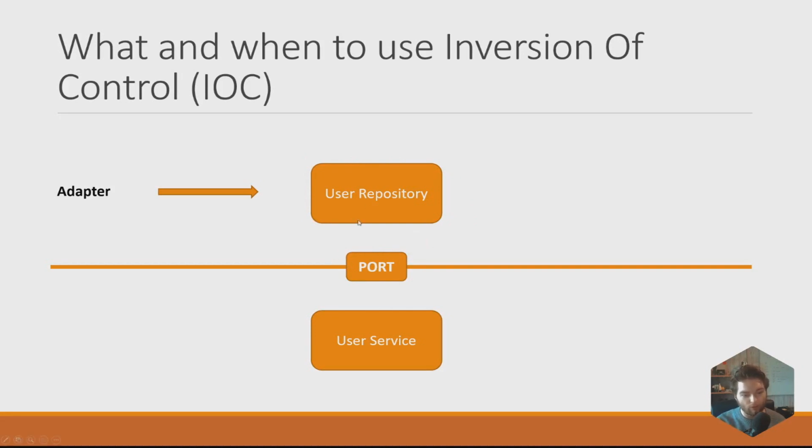So this user repository knows what it needs to create because the port defines all the rules. And the user service doesn't really know about this user repository. It just knows about this port. And because we have our dependency container, we can assemble all the stuff in our dependency container without telling the user service what user repository is. It only knows about this port.